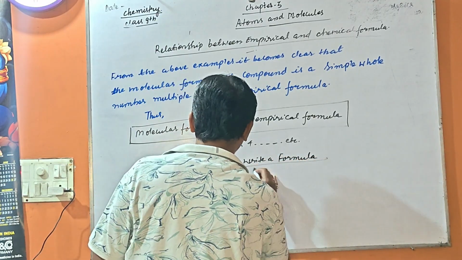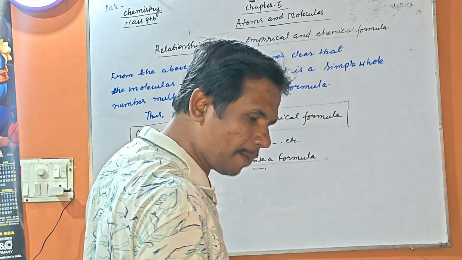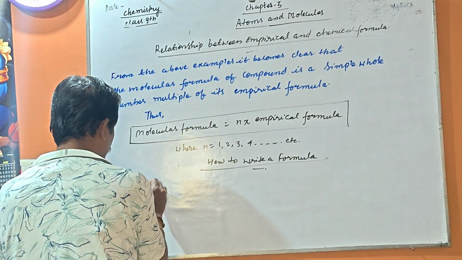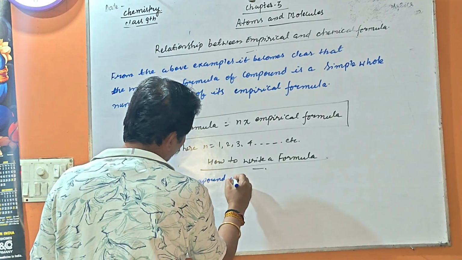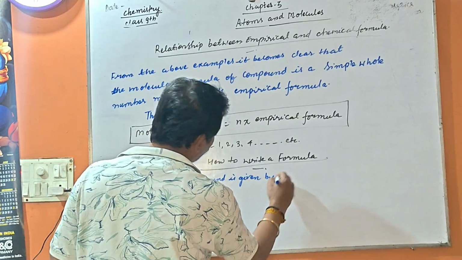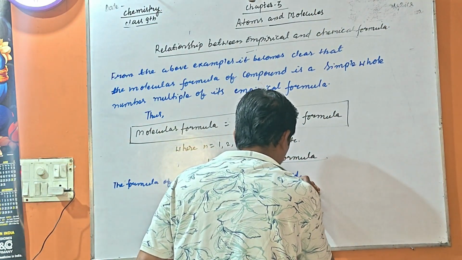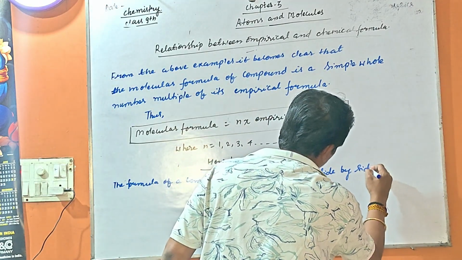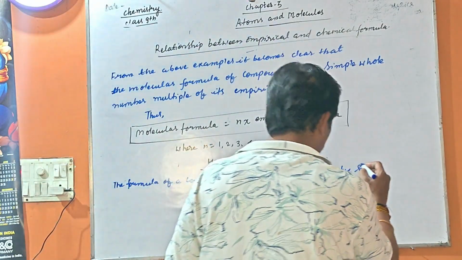How to write a formula. The formula of a compound is given by writing side by side the symbol of the constituent elements.